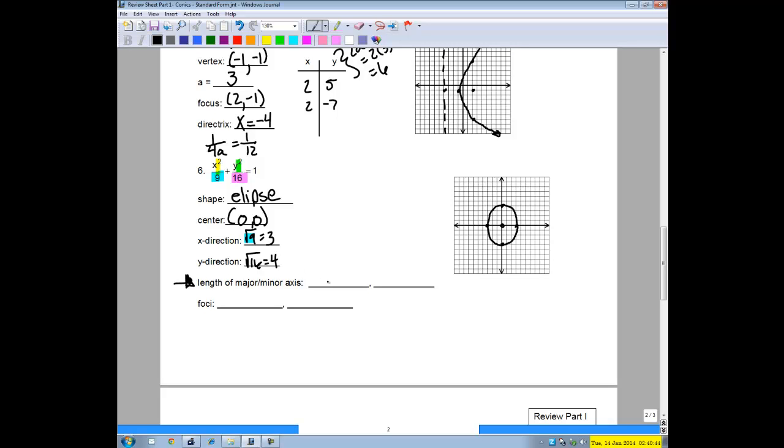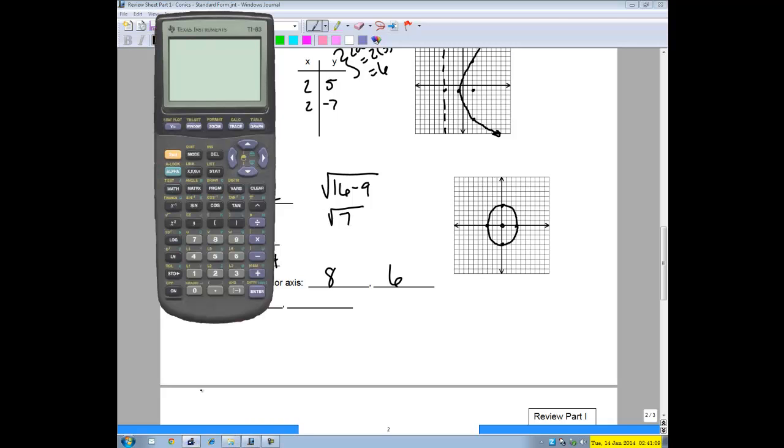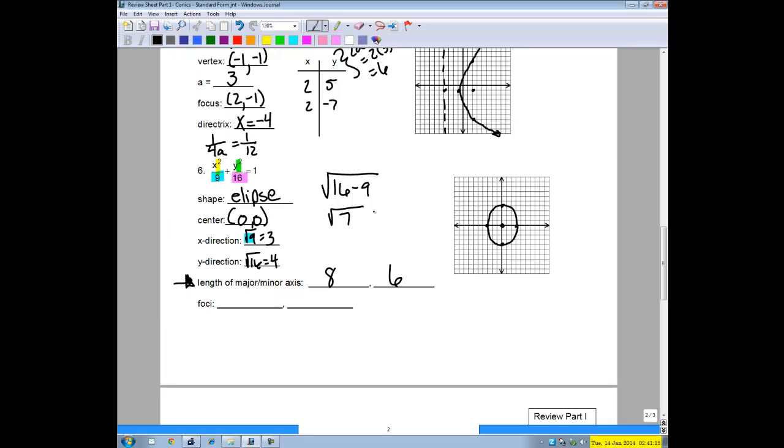Length of major and minor axis. Major is the longer one, and you double it. 4 times 2 is 8. 3 times 2 is 6. And your foci, you take the square root of, since it's plus, you subtract 16 minus 9, which is the square root of 7, which is 2.6.